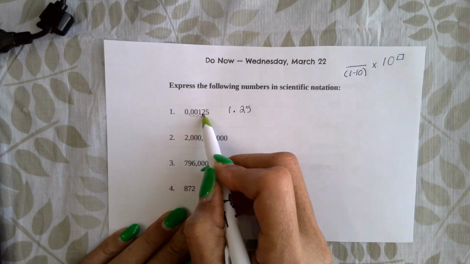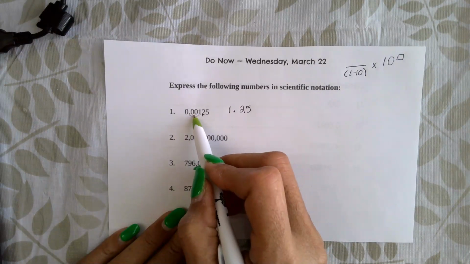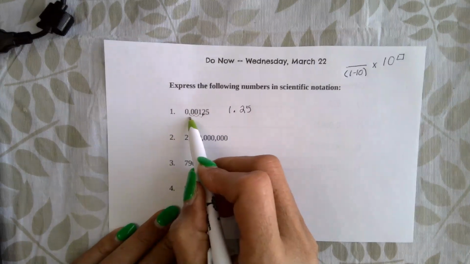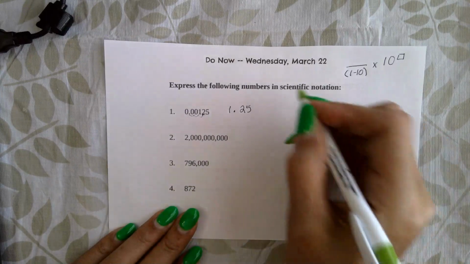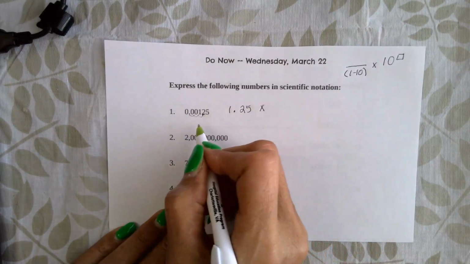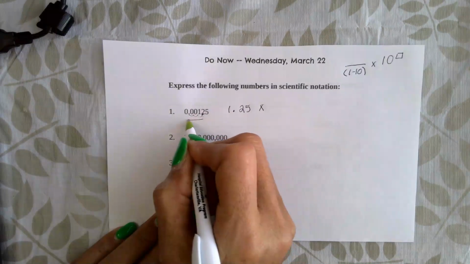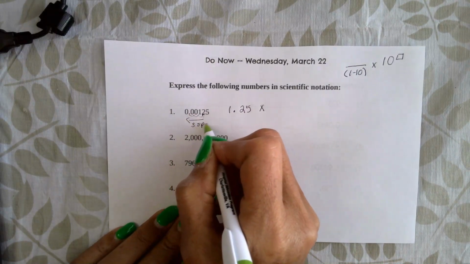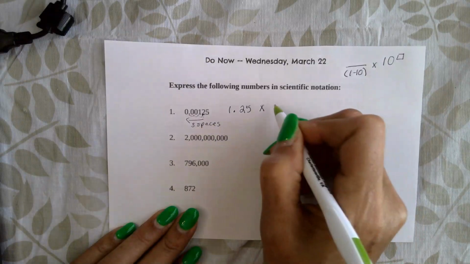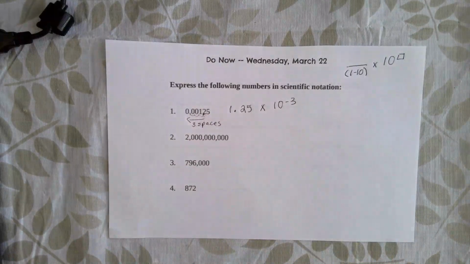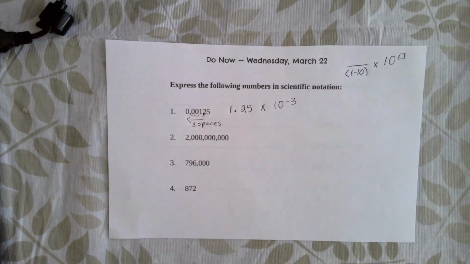How many spaces did I move? 1, 2, 3. So to get from this new decimal point to my original one, it was 3 spaces. Because I moved to the left, it's going to be -3. So 1 and 25 hundredths times 10 to the -3 power.